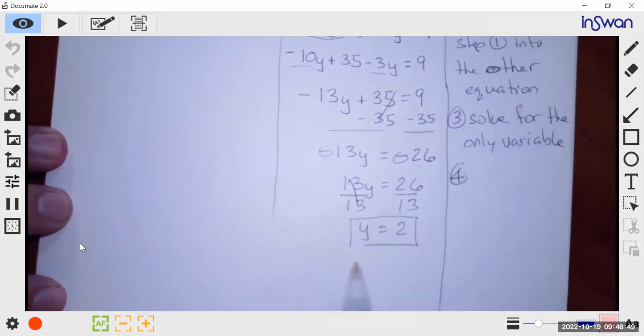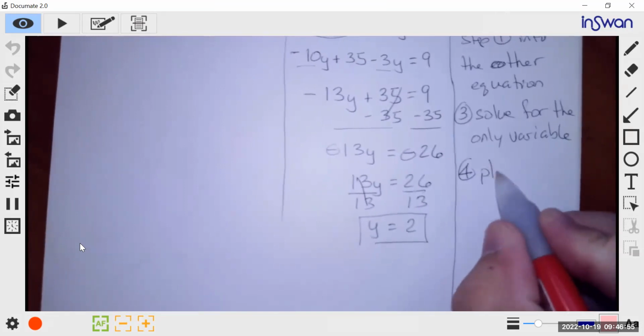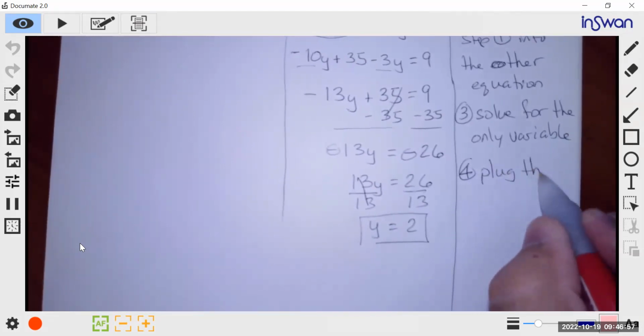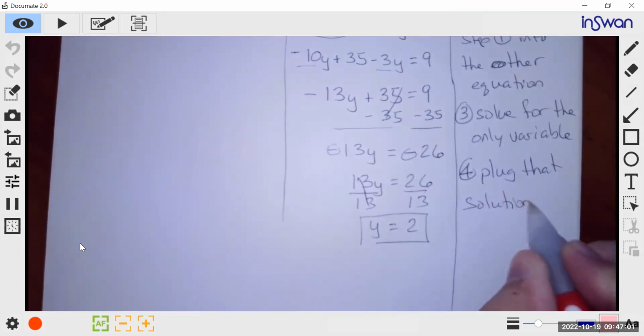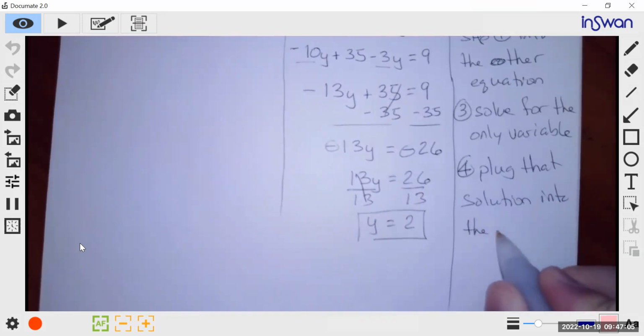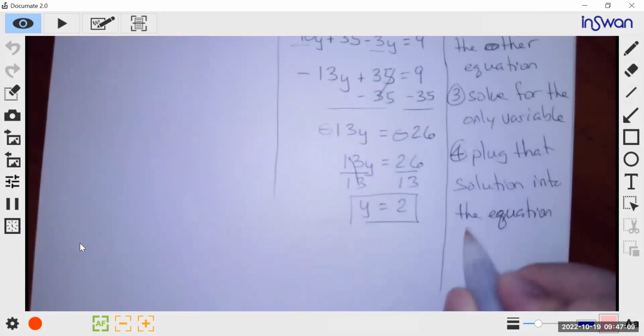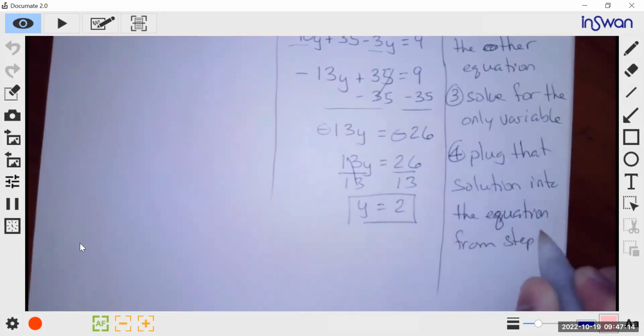So we have the y value. How do we find the x value? Plug that solution into the equation from step 1.